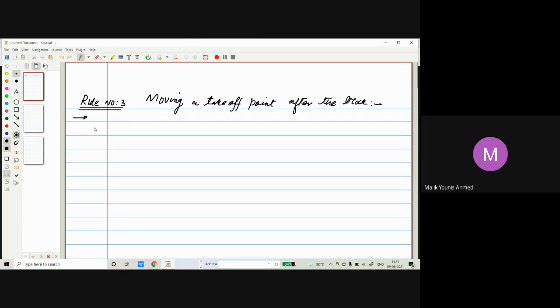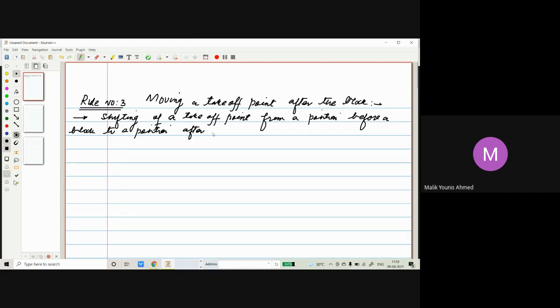It says that shifting of a takeoff point from a position before a block to a position after the block is shown in the figure.